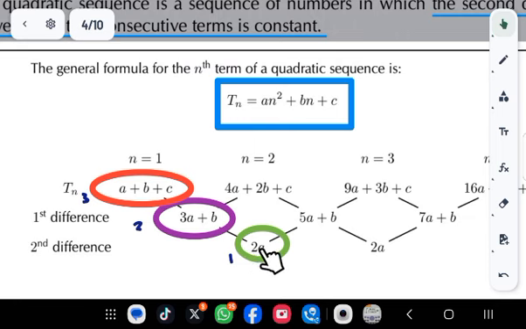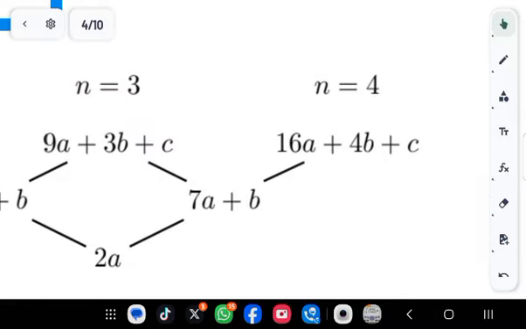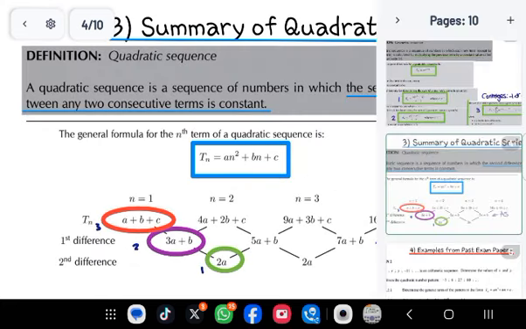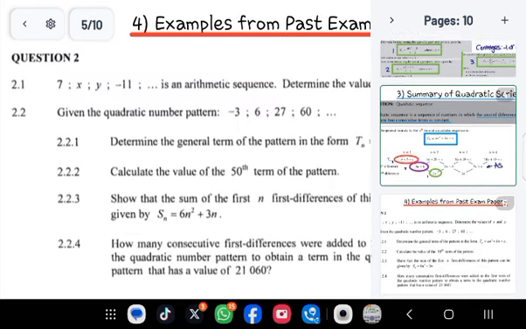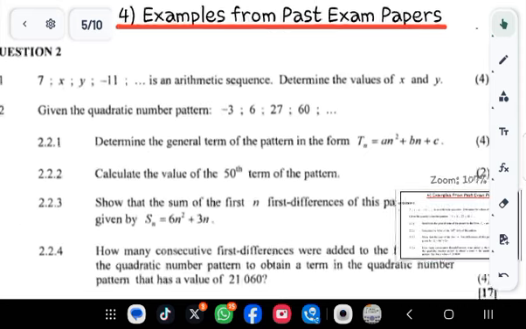So this 2a is not only the second difference of the quadratic pattern, but also the constant difference of the first level of differences, which forms an arithmetic sequence. Remember that and keep that in mind, because the two are usually related to each other, and you can calculate from one to the other and back again.